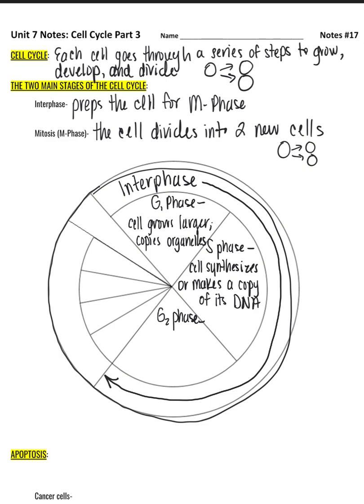After it passes through the S phase, it's going to go on to the G2 phase. This is where the cell grows more. So I like to think of the G as growth. It also prepares itself for mitosis, which is cell division.